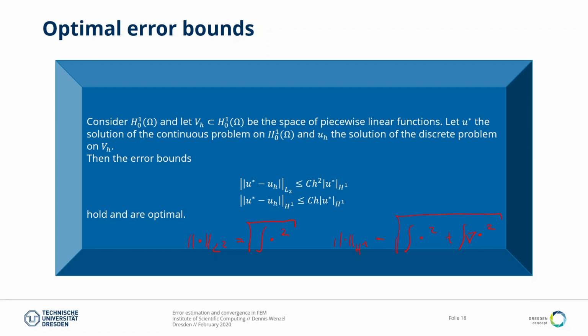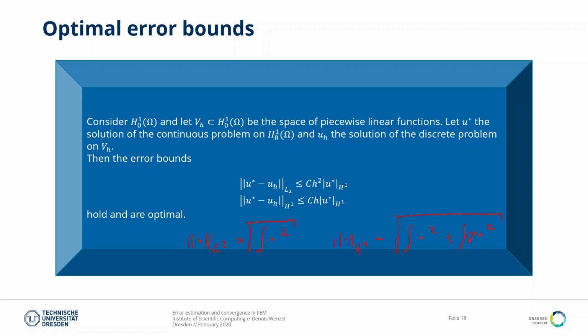Let's look into this for a second, but what's important to note is that we have two different norms. The L2 norm only considers function values, the H1 norm also considers the derivatives. For just the function values we get h squared as a factor, and for also derivatives we only get h.